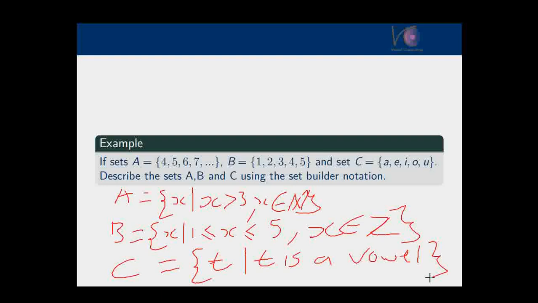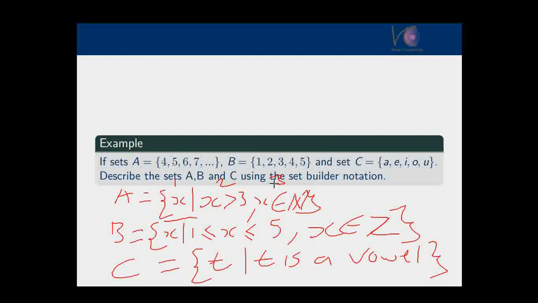The first section is the section that is before this line. Then the second section is going to show the range of these numbers, where they are starting, where they are ending. Then the third section is going to show where these numbers are coming from.